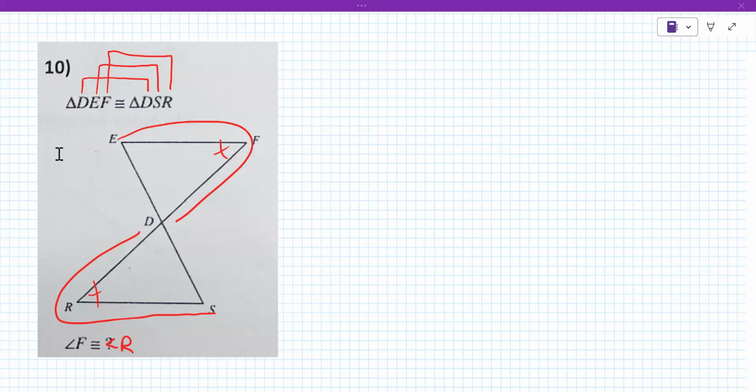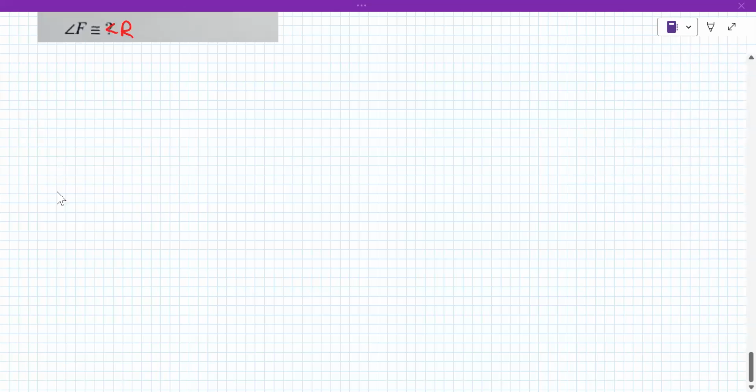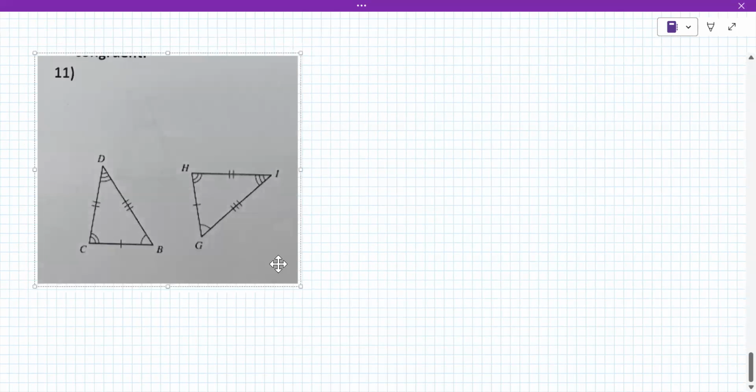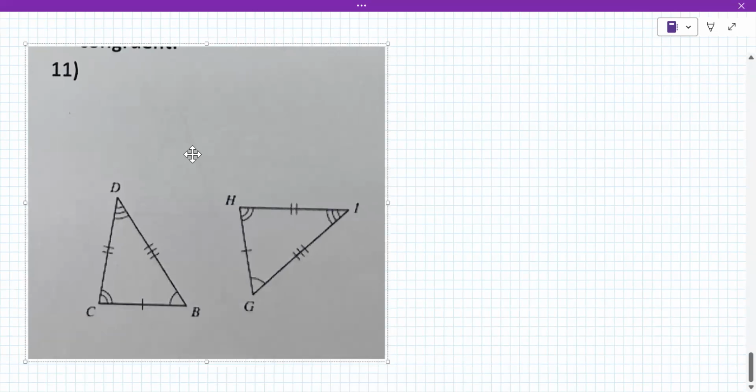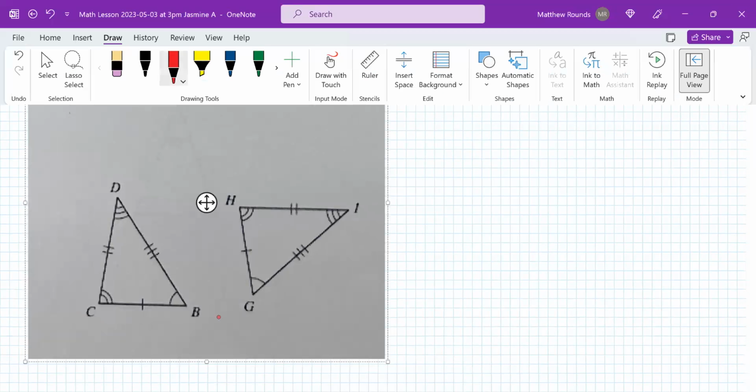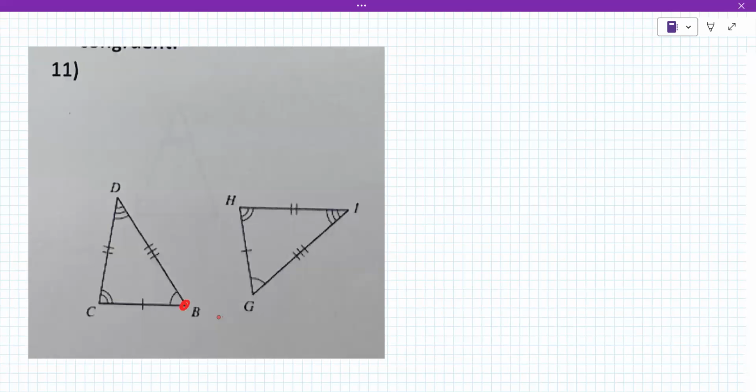All right, so 11. You have to find a starting point. I'm going to choose the one-line angle as the starting point, and then you create a path. I'm going to go to the two-line one, and we're creating a path up to the three-line one, and then back down.